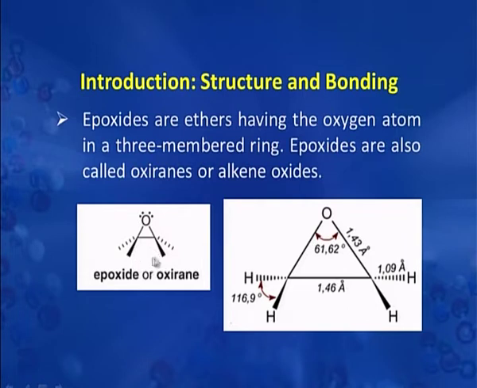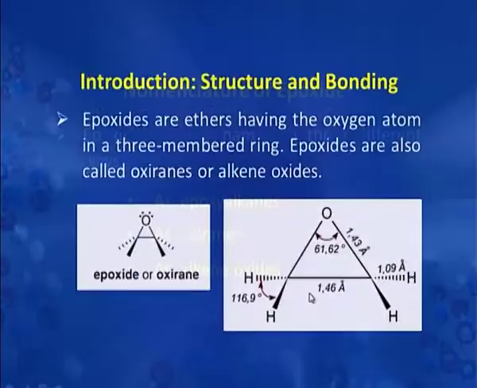The reason is that all the atoms, whether it is oxygen or carbon here, are sp3 hybridized, and with sp3 hybridization, the normal bond angle between any 3 atoms should be 109.5, whereas here you can see the angle is about 62 degrees, that is the ring is highly strained, and this oxirane structure or cyclic ether structure has a lot of strain on it, because of which it shows a number of different properties.